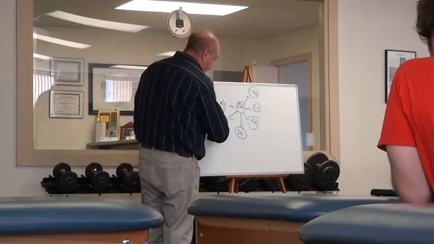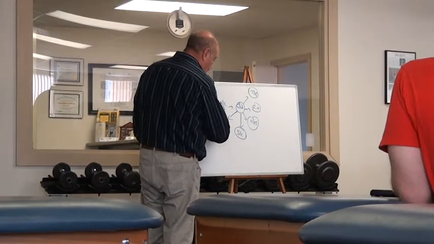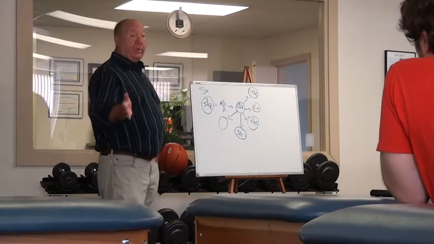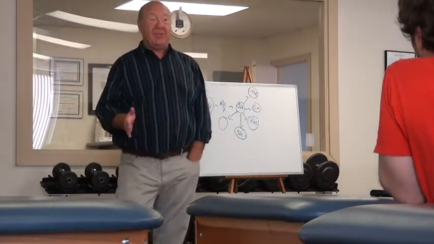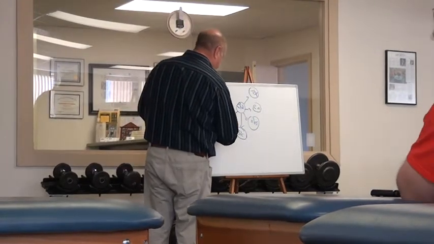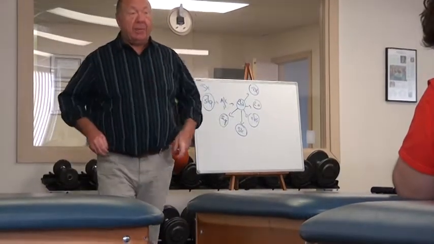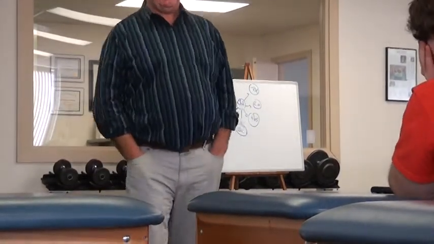Well, depending upon what predisposition you might have in the AC joint. Everything we're talking about now is predispositions. Scapula. If the scapula's not mobile, then you're really likely to bugger up the AC joint, aren't you?